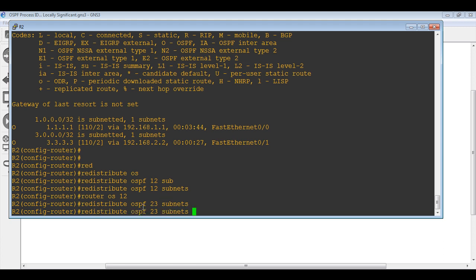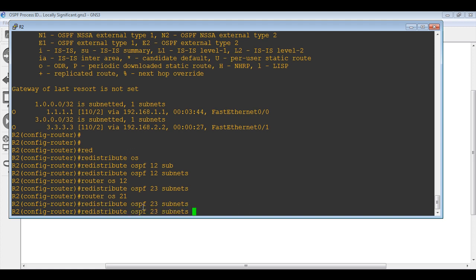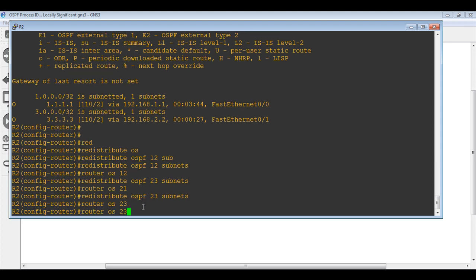Sorry, the process number here is not 12, it is 21, so I have to redistribute the 23, and then under the 23 I have to redistribute the 21.